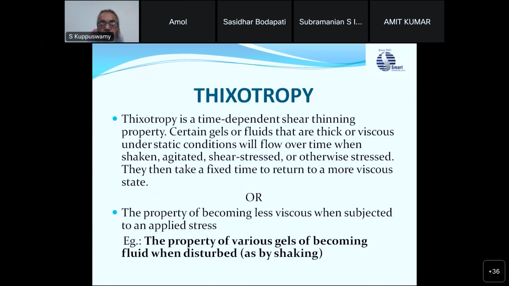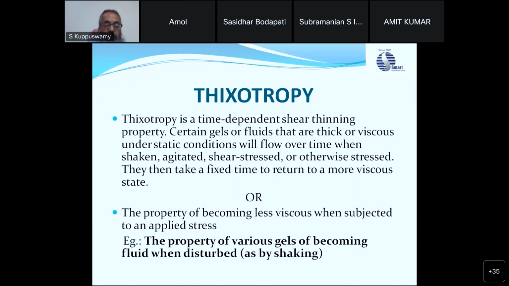Certain gels or fluids that are thick or viscous under static conditions will flow over time when shaken, agitated, shear stressed, or otherwise stressed. They take a fixed time to return to a more viscous state. It is the property of becoming less viscous when subject to an applied stress, when disturbed or by shaking.